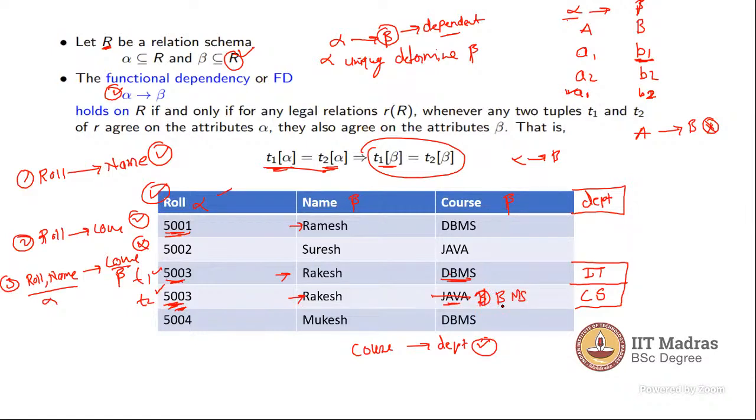Any question? Sir, I'm having a doubt. Here roll number is mapped to name. Is it necessary to check the combination as well? As you said, roll and name, the combination considered to be alpha, is mapped to course.